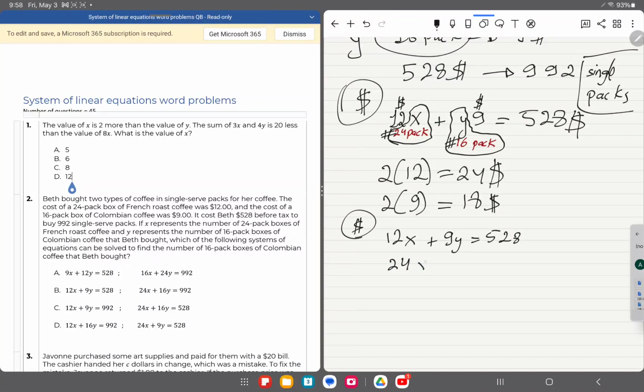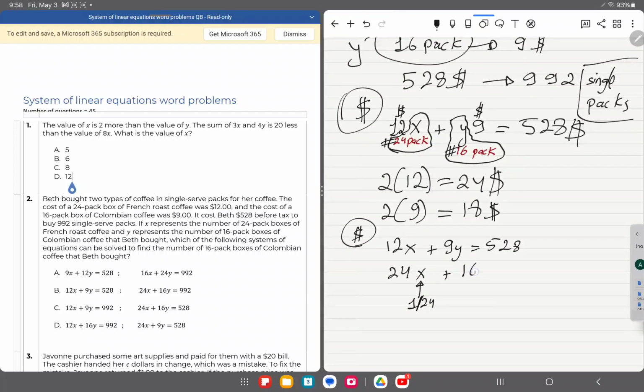Now, 24x, so X is the number of 24 packs. And 16y, this is the 16 pack. So each pack of these has 16, and each pack of these has 24. So I want to distribute it.